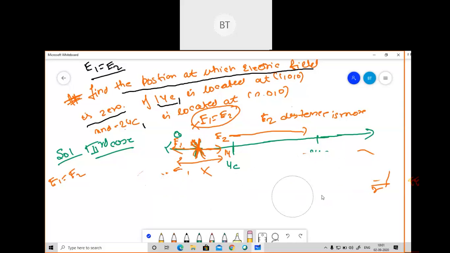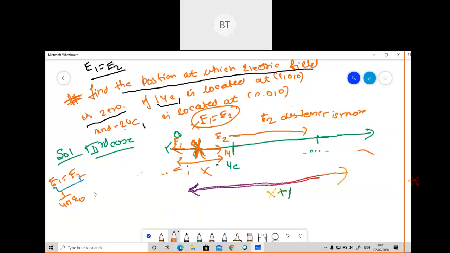So this whole distance will be X plus 1. If it is X, this will be more than X, so I am adding 1, X plus 1. Now we have to put E1 equal to E2. So I will put 1 by 4 pi epsilon naught Q1 by R1 square equal to 1 by 4 pi epsilon naught Q2 by R2 square.